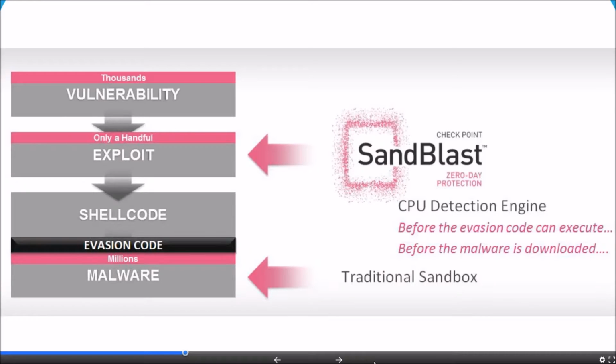However, that exploit still needs to take place most of the time to get the malware to run, and very few malware authors are able to come up with new exploit techniques on a regular basis, because there are only so many ways in which you can manipulate memory to get shellcode to run. So the Check Point SandBlast CPU level detection technology is able to pick up on that, and we're able to determine whether or not an exploit takes place prior to the malware running on the sandbox.